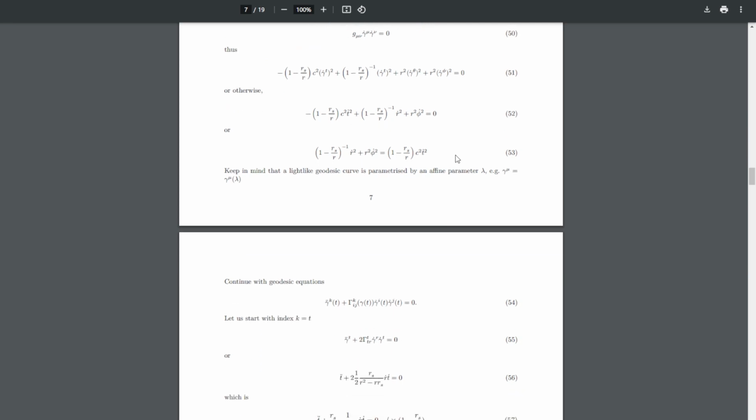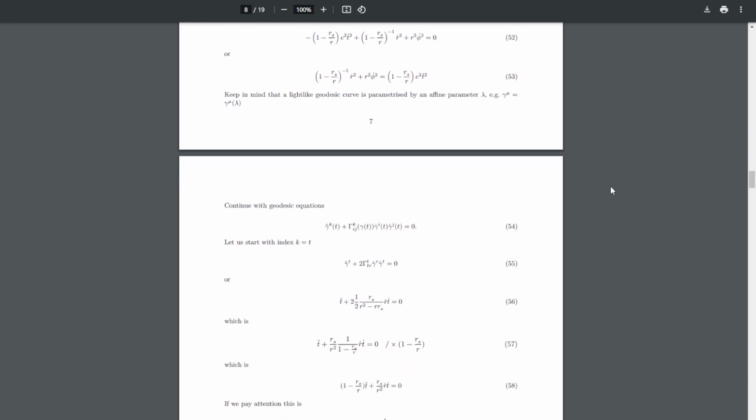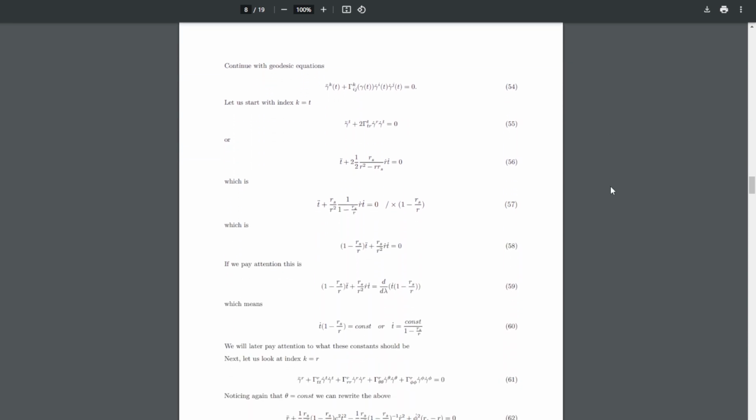Next up, we end up here. And of course, like I said, we are looking at the trajectory of a photon, and the trajectory is described by this gamma mu, the curve of the photon through space-time.